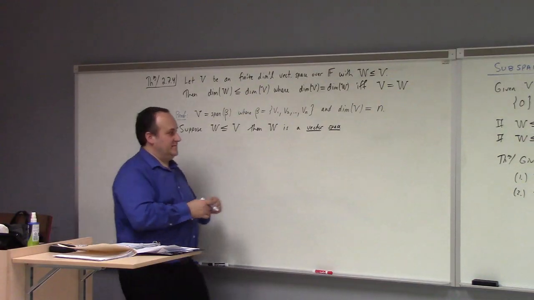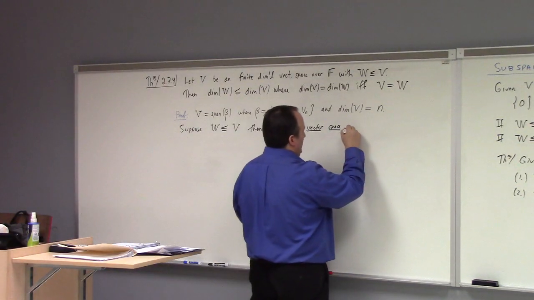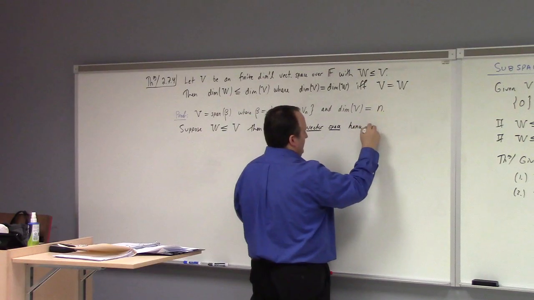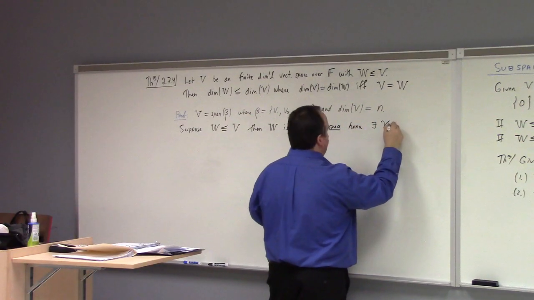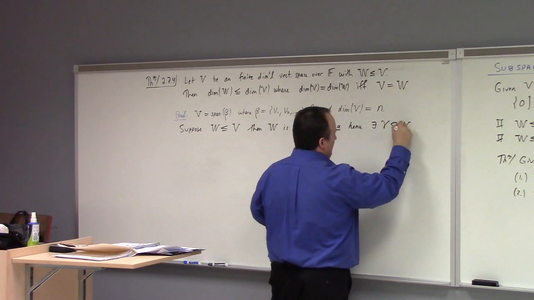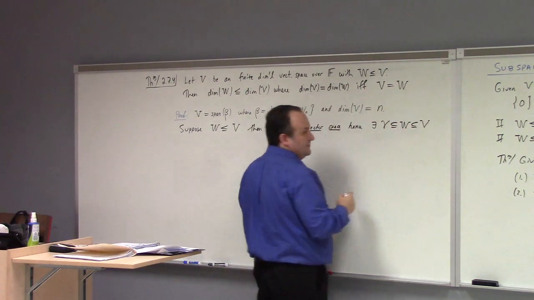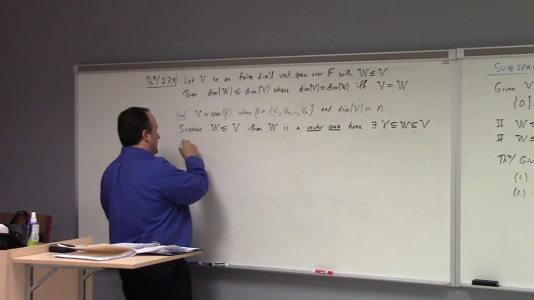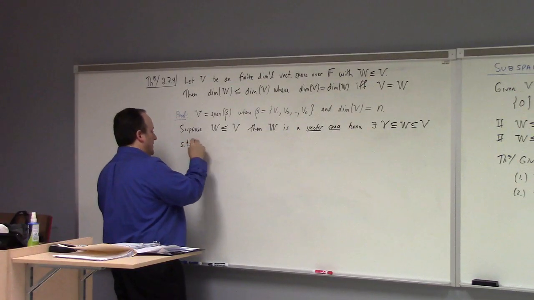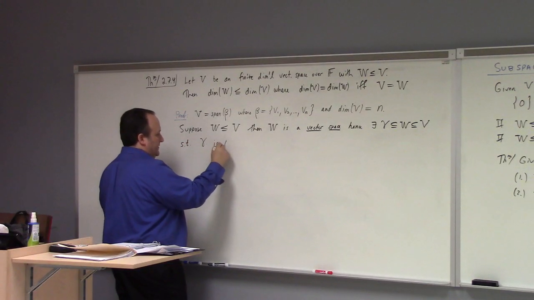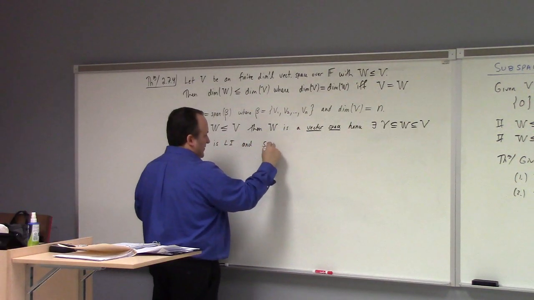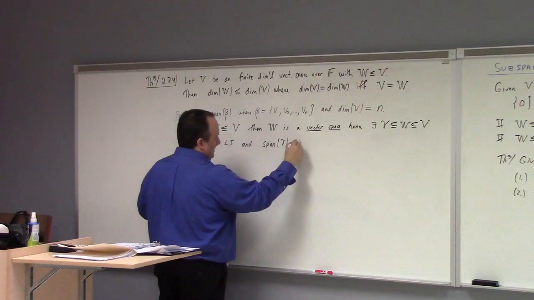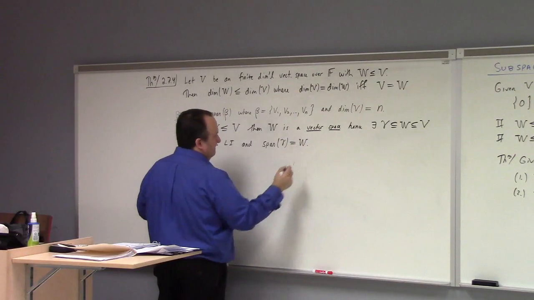So hence, there exists, let's say, gamma, a subset of W, which is, by the way, a subset of V, such that gamma is linearly independent. And what's the other thing? The span of gamma has to be what? All of W, right?